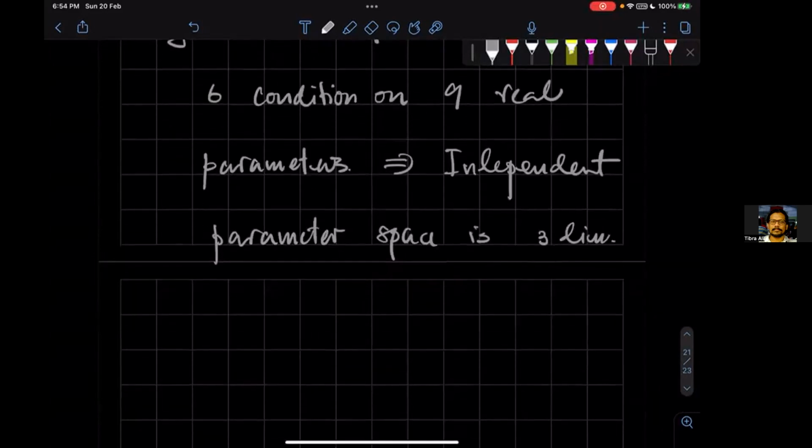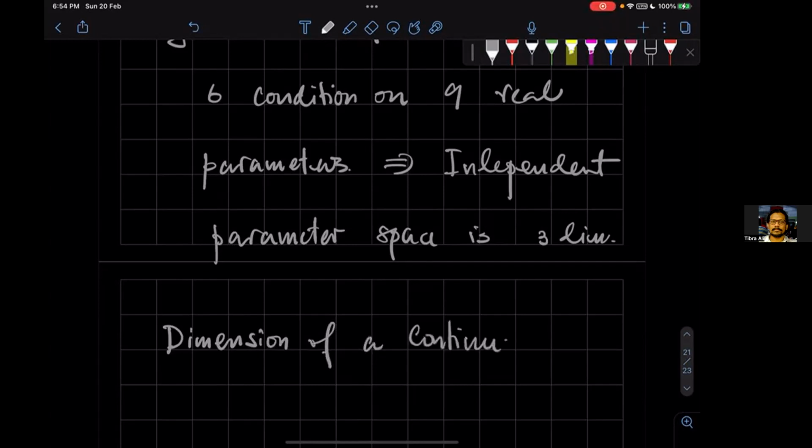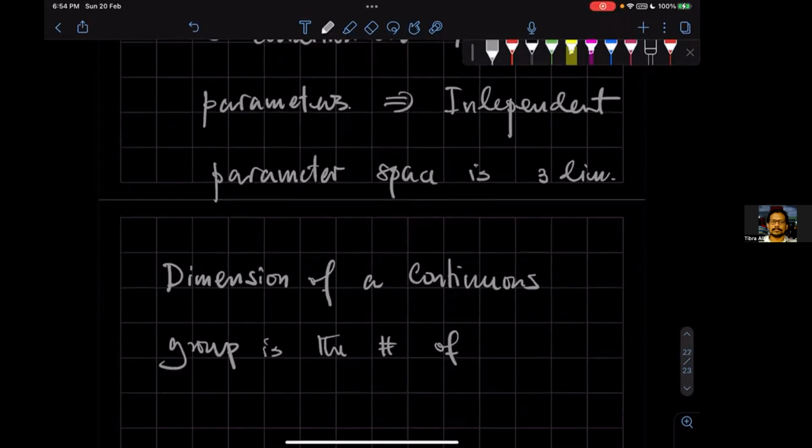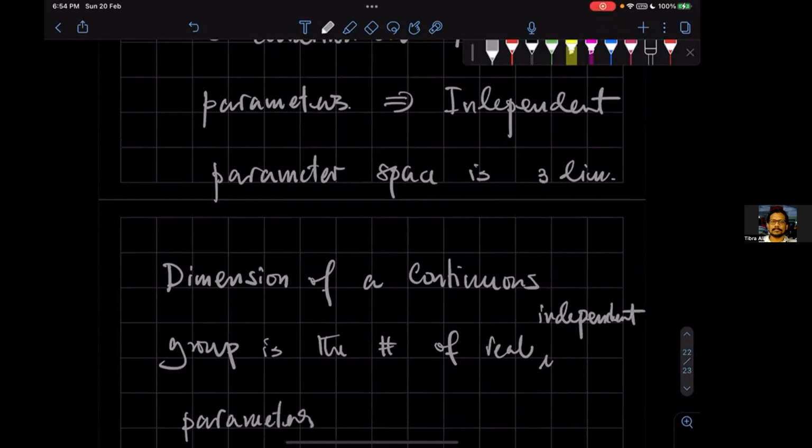Okay, and this is called the dimension of the group. So the dimension of a continuous group is the number of real independent parameters.